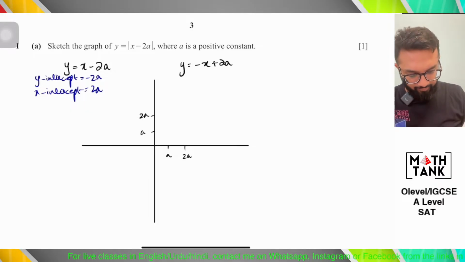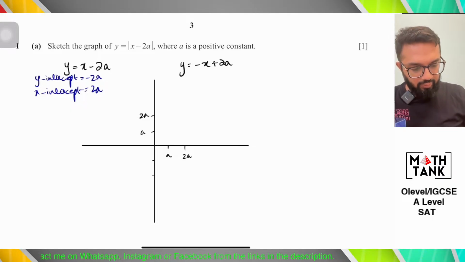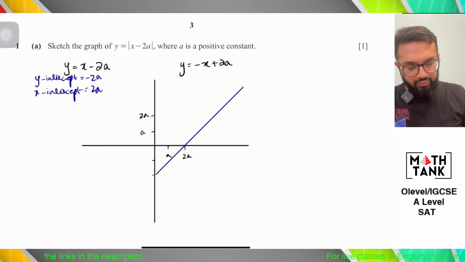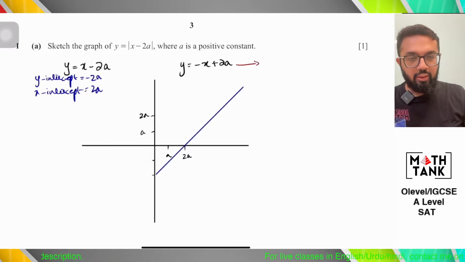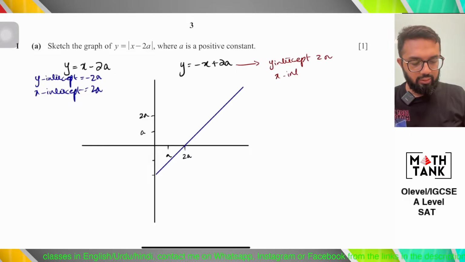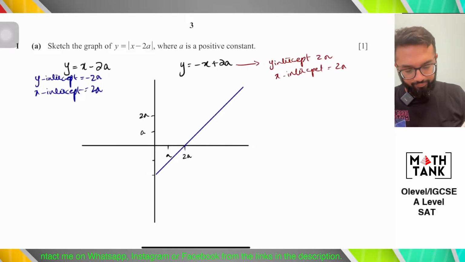So this line is going to look something like this. For the other line, I'm going to draw it in red. The y-intercept is 2a and the x-intercept is also 2a.